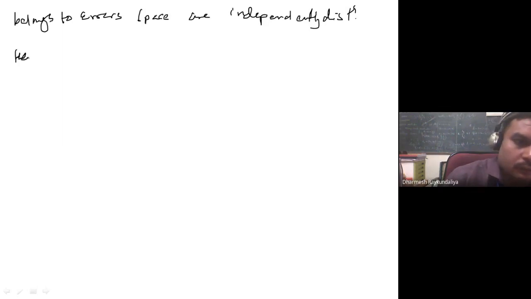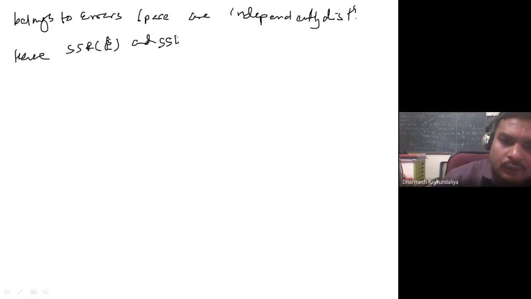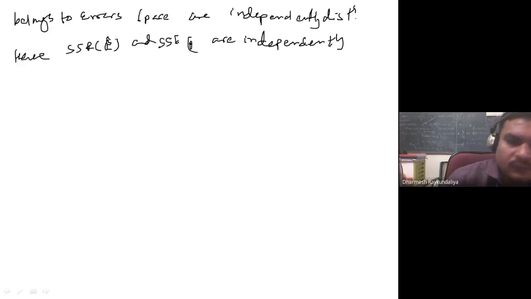Hence, SSR(β cap) is a function of a BLUE and SSE is a function of a linear function of observations belonging to the error space, so they are also independent. Hence, SSR(β cap) and SSE are independently distributed.